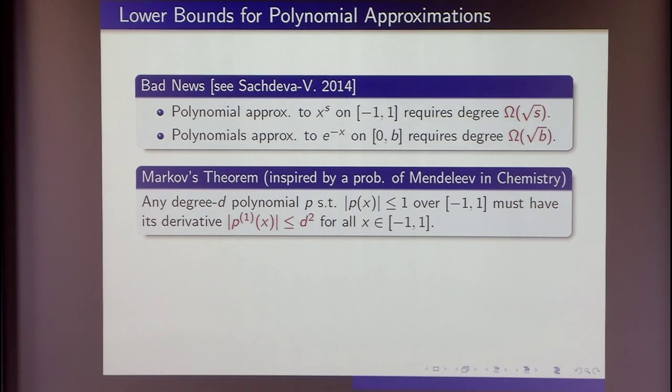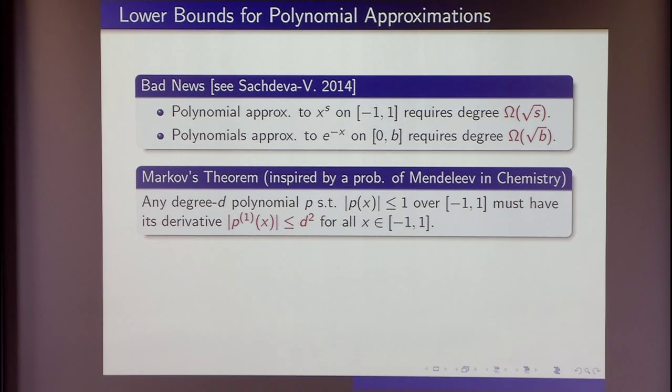The proof of this relies on a very interesting theorem from approximation theory called Markov's theorem. This is not the same Markov, neither is the difficulty in the proof at all the same. This is a much harder theorem to prove. I think it was the brother of the Markov that we know. More interestingly, this was inspired by a problem that Mendeleev, who invented the periodic table, suggested to one of his colleagues. The theorem says the following.